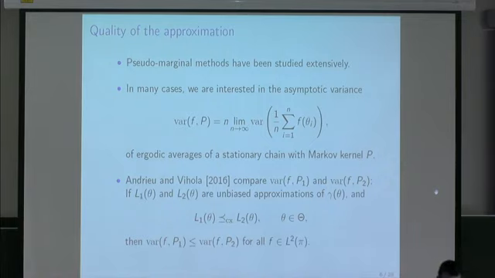Okay. So this paper by Christophe Andrieu and Matti Vihola, they basically compare the asymptotic variances associated with two different pseudo-marginal kernels.